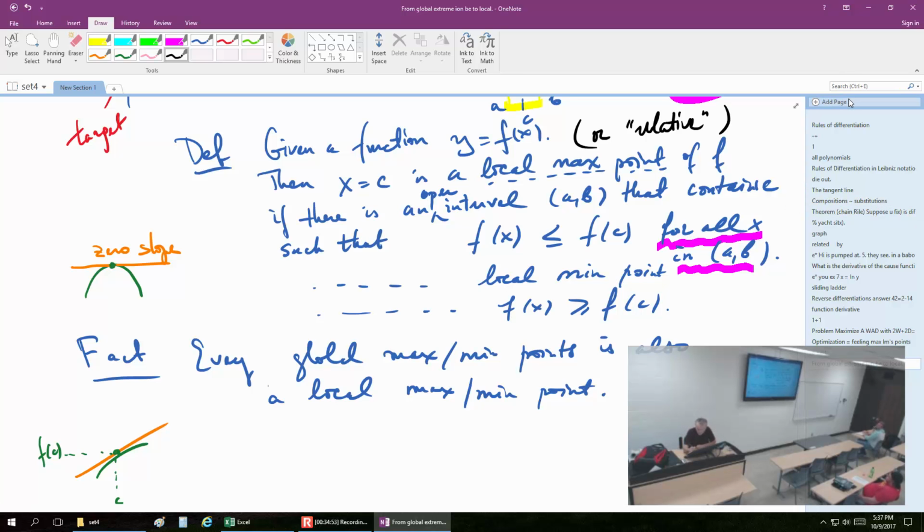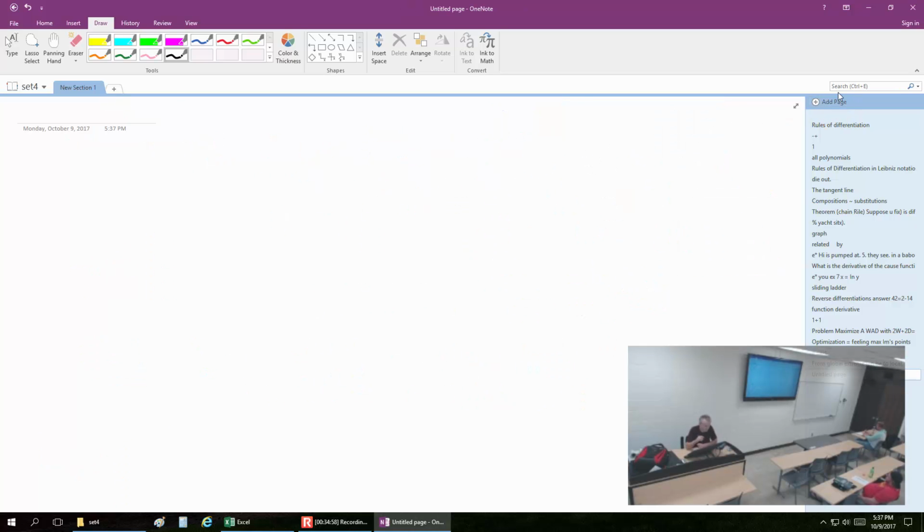Okay, so let's quickly state the theorem and show a little bit more than that to demonstrate. It's called Fermat's theorem. And it says exactly what we're trying to accomplish.